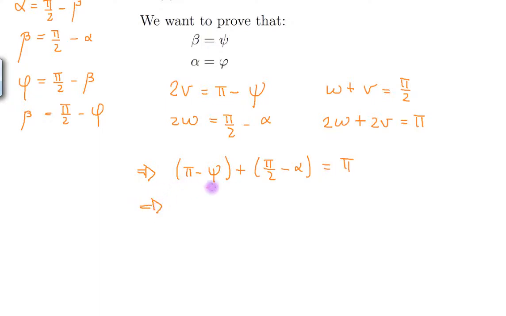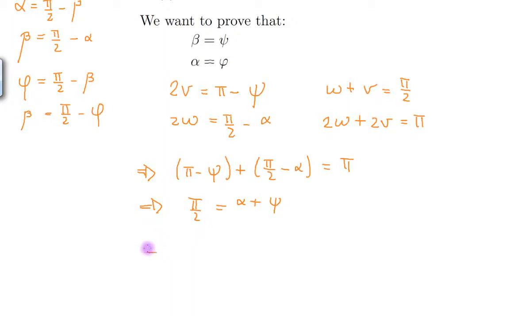But this information gives us, well, if we isolate c and alpha to the right side and bring pi to the left, we have that pi over 2 equals alpha plus c. Now this is very important because this is what I'm going to use to prove this.